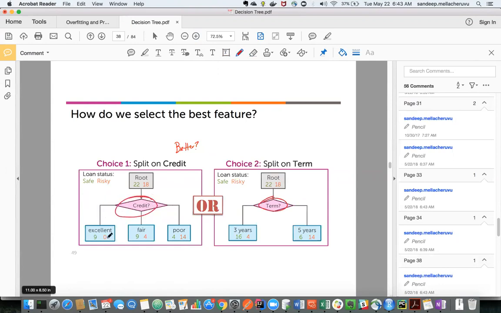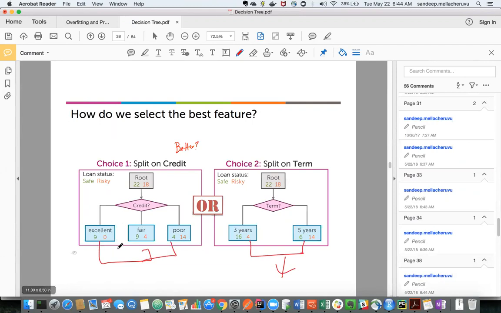You try on every feature that is available to you and get these intermediary nodes or branches. So once we get these branches, we need to identify which kind of branch is very good. Are these three branches good, or are these two branches good? Now the question is, how do we know?